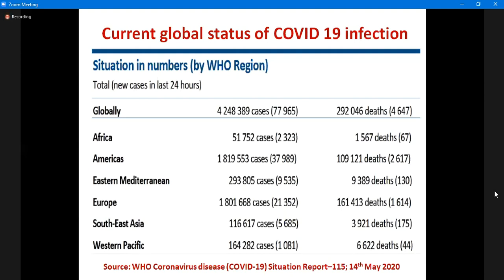Globally, we have approximately 4.3 million cases, and the death toll is approximately 300,000 deaths worldwide. The highest number of cases are reported in the America region, which is about 1.8 million, and the total deaths are about 110,000. And this is followed by Europe and the Eastern Mediterranean countries.